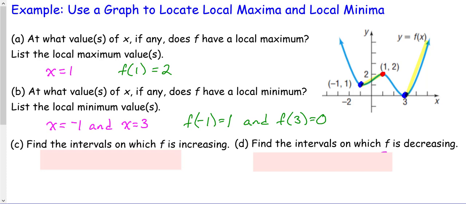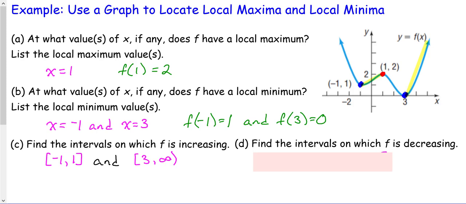So there would be 2 areas where f is increasing, and we would write it in interval notation, where the interval of -1 to 1, and it's bracket because it includes both, and the other interval would be from 3 to infinity because it's got an arrow. That means it goes on forever. And whenever you use the infinity symbol, remember, you use a parenthesis beside it.